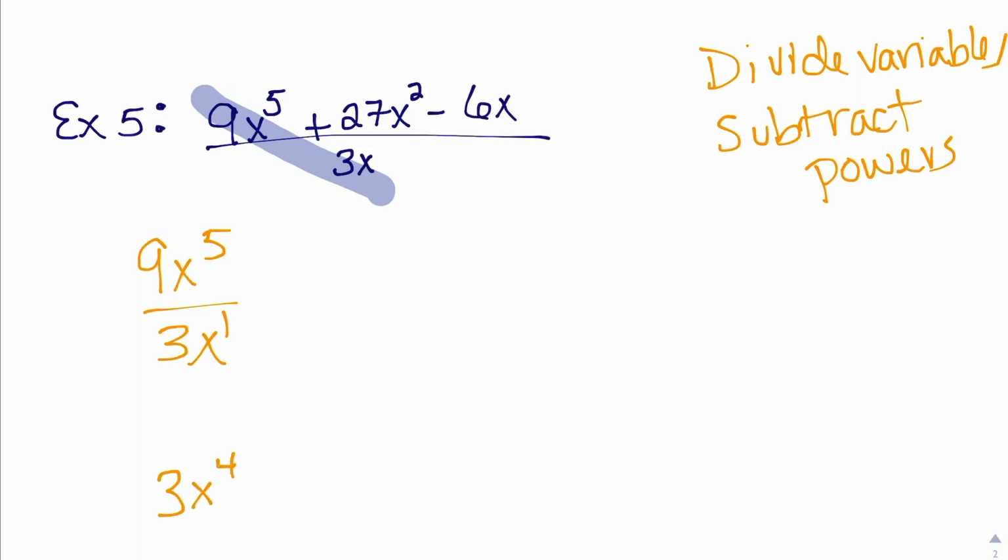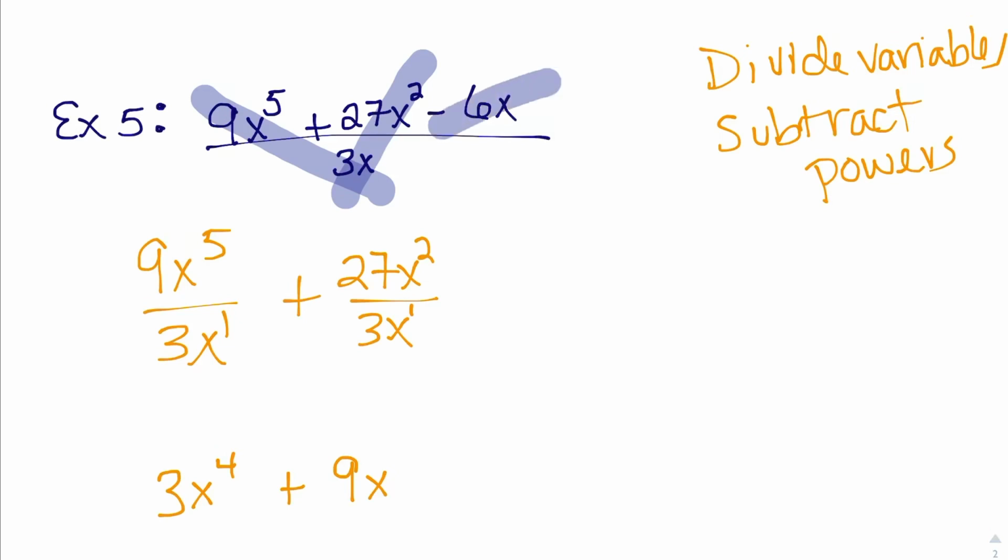All right. Next, we're going to do 27x squared over 3x. 27 divided by 3 is 9, positive 9. X squared divided by x to the 1st is just x. You can write the power of 1, but you don't really have to.